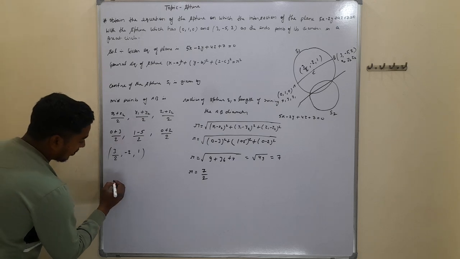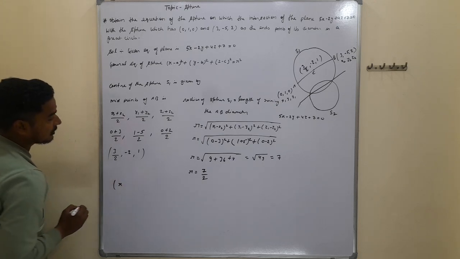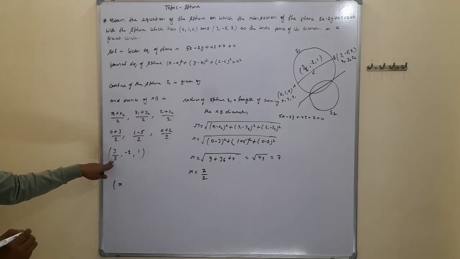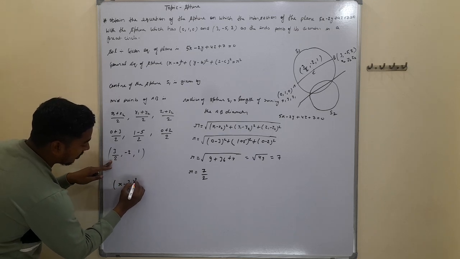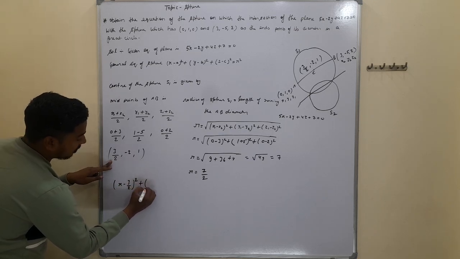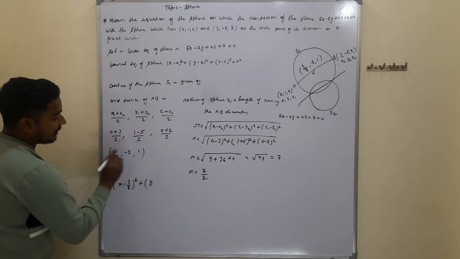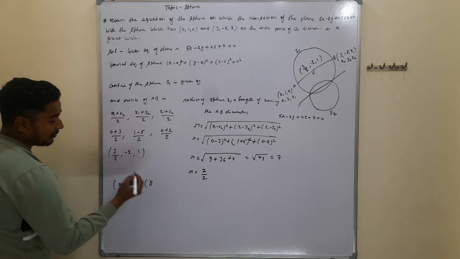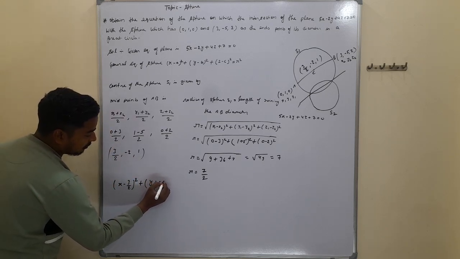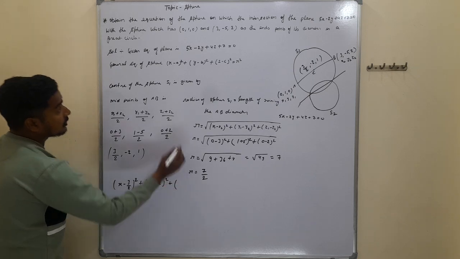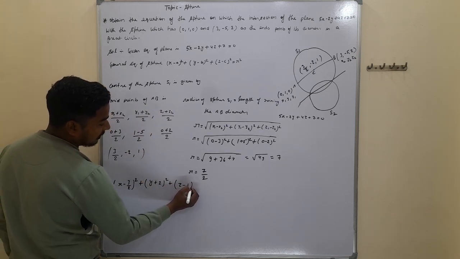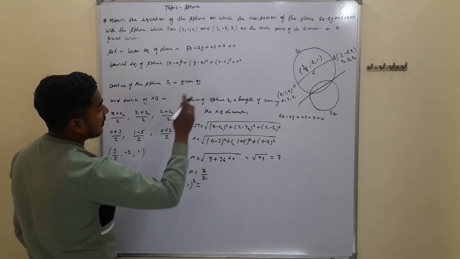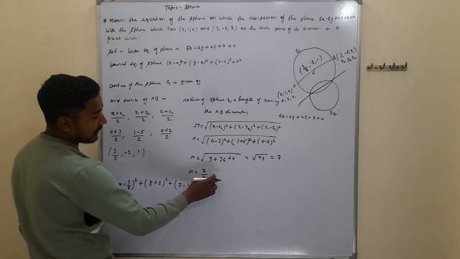This is given by (x minus 3/2) whole square plus (y plus 2) whole square, since b is minus 2 and there is already a minus, plus (z minus 1) whole square, and r square we have to calculate here.